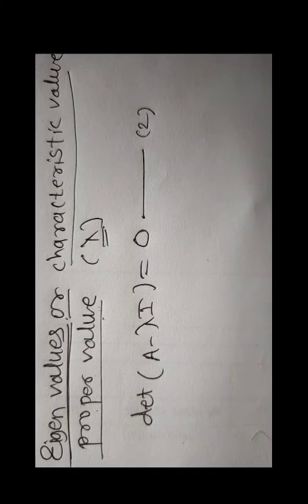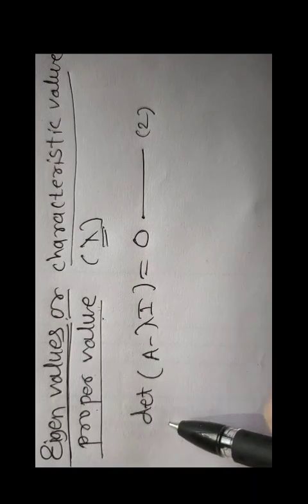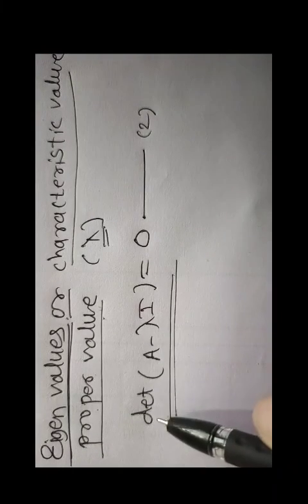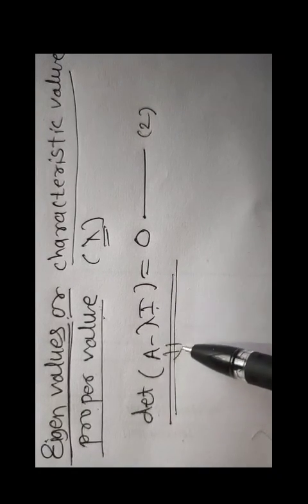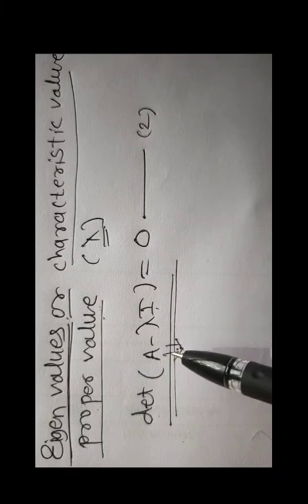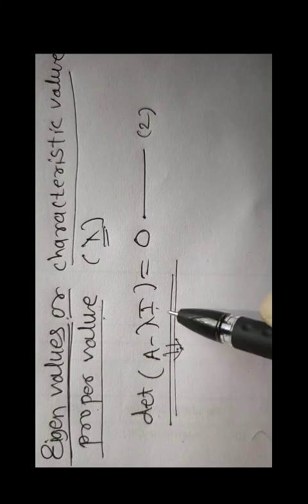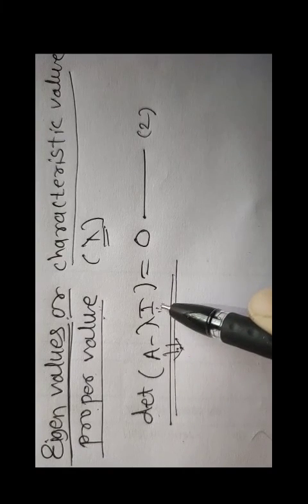Eigenvalues lambda are simply the roots of this algebraic equation, where A is a square matrix of order n and I is the identity matrix of order n.